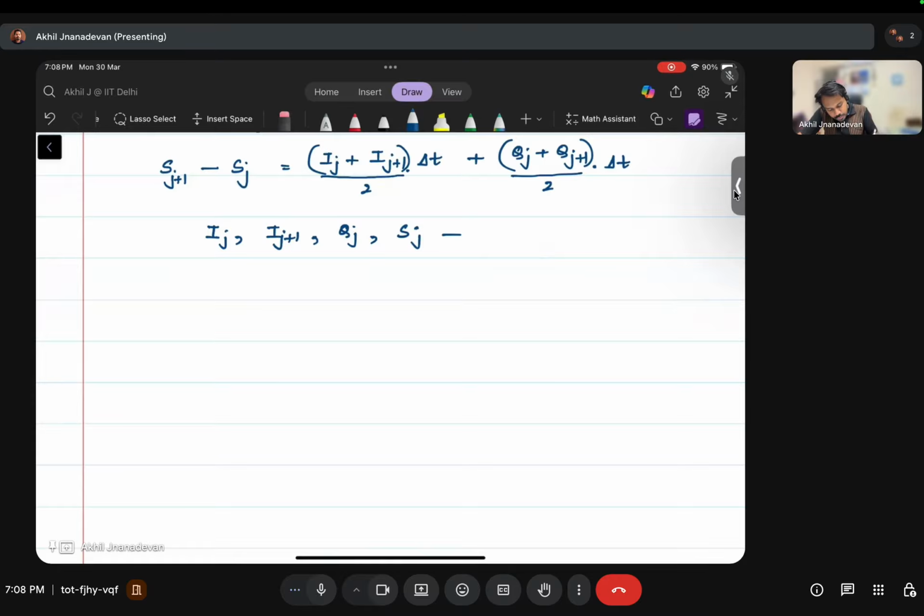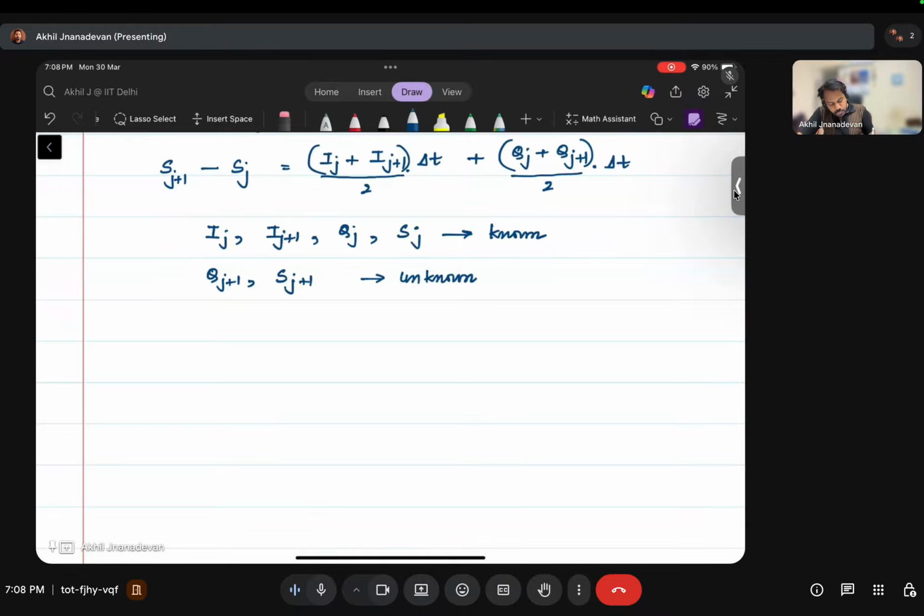These are the known terms, and the unknown terms are Qj+1 and Sj+1. So these are the unknown terms here.